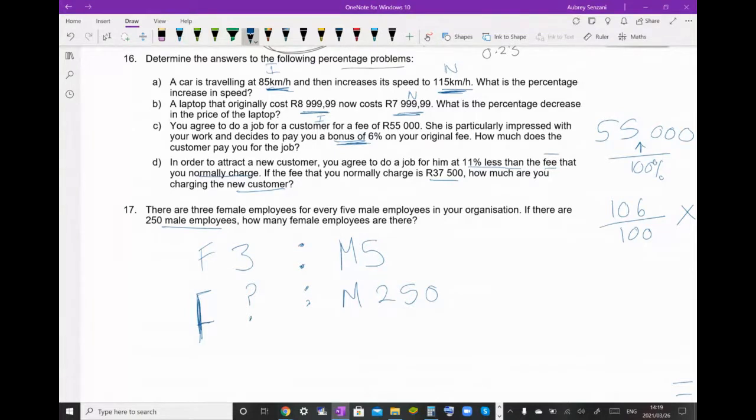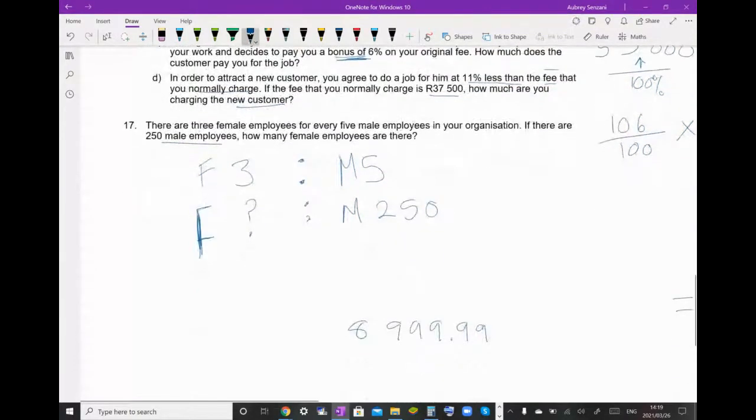Once again, we use this ratio. How do we use it? We simply say for every 3 is equal to 5.